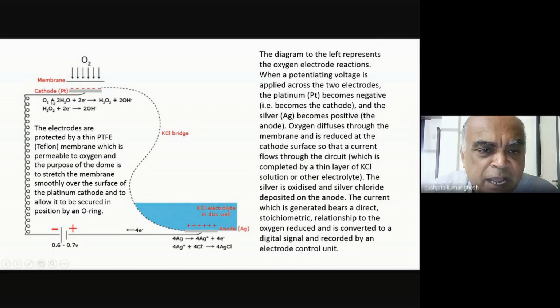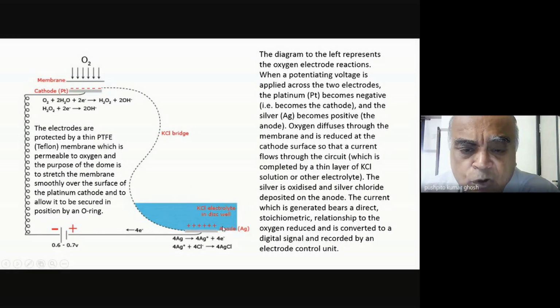The more oxygen I have, by Faraday's law, obviously it will consume more coulombs of charge. So from that, I would have created a calibration plot, and then I will be able to measure my oxygen.